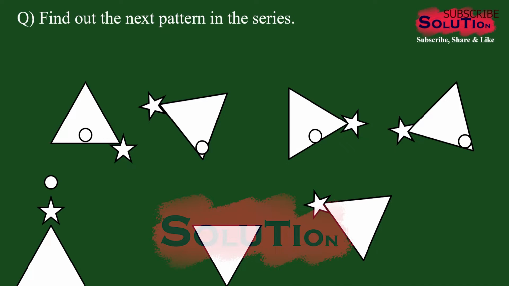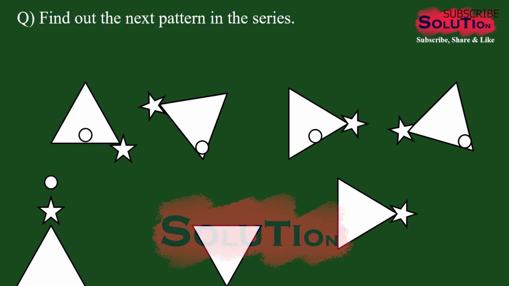Let us check the third figure. In the third figure, if I rotate the answer figure, it must come like this. But if I match my answer figure with the third figure, the star is not in that place. That means we have to move the star in the answer figure from the present point to this point to match it, right? So with every rotation, the star is moving from one point to another point.